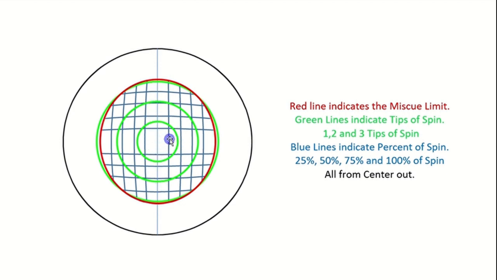They represent 25%, 50%, 75%, and 100% of spin. If you go vertical, 25, 50, 75, 100. Below, 25, 50, 75, 100, and so on, both sides. So blue lines indicate percent of spin. Red line indicates miscue limit. Green lines indicate tips of spin, all from center out.